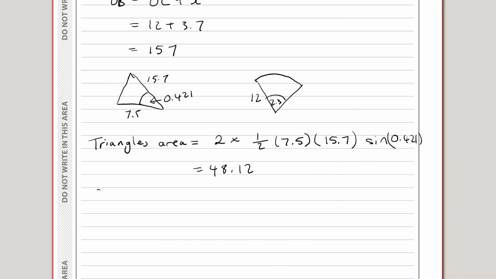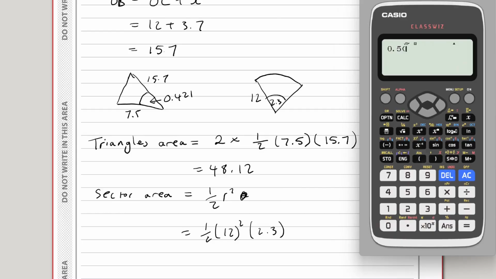And the sector area, we're in radians, so it's half r squared theta. So half times 12 squared times 2.3, which is 165.6.